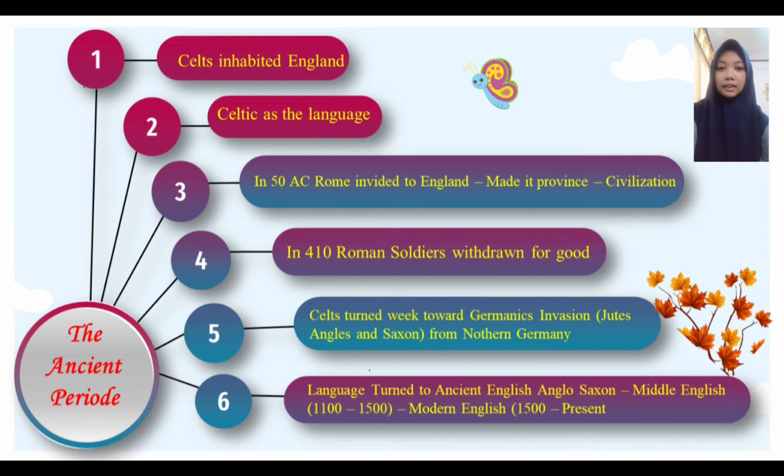These tribes were Jutes, Angles, and Saxons, who came from northern Germany, and they are the ancestors of most British people today. The sixth is the language turning to Old English. The language the Saxons used was Old English, followed by Middle English, 1100 until 1500, and eventually Modern English from 1500.